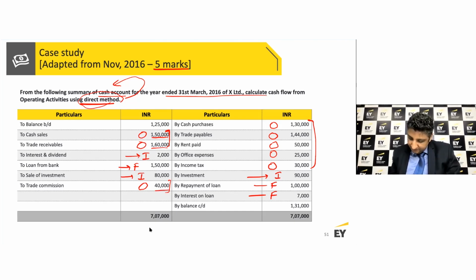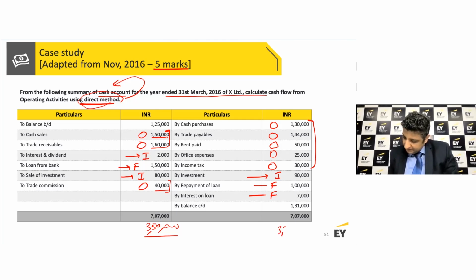That makes it 350 here. That's the amount. Against that, we have 130 and 144, which makes 274. 274 and 50 makes it 324, 324 and 55 makes it 379.